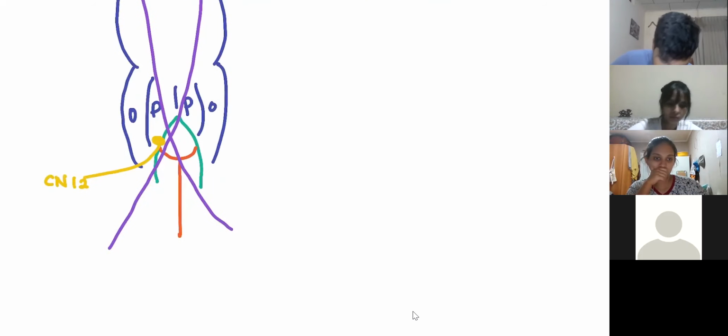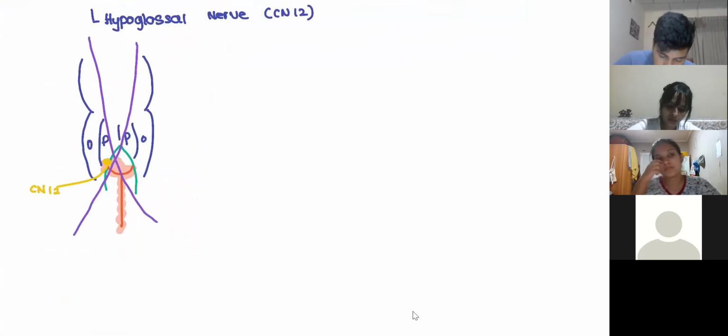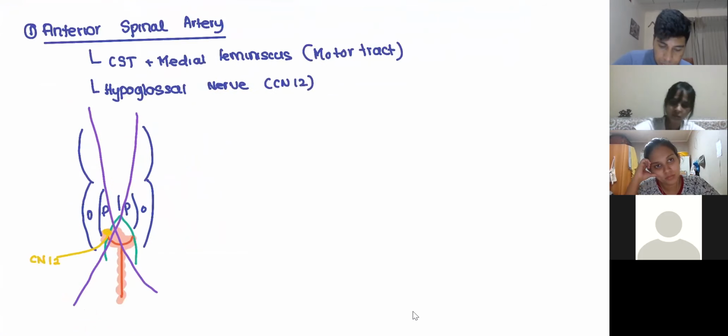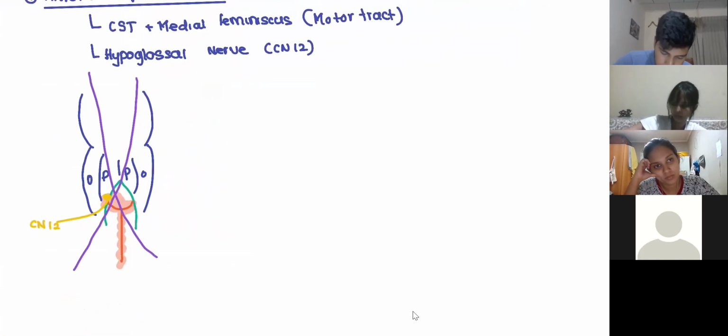And I told you, anything that touches or is around the corticospinal tract, remember the corticospinal tract actually goes down. We have done this for anterior spinal artery stroke, this is basically the same thing. The only thing we are adding is that the hypoglossal nerve is affected.